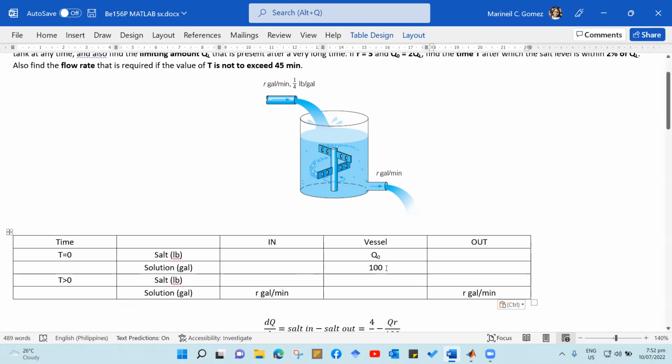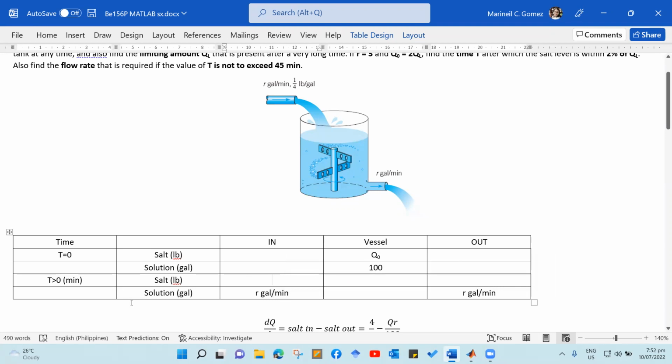And then you have the amount of salt. For the amount of salt, you have 1/4 pounds per gallon times r gallons in a minute.